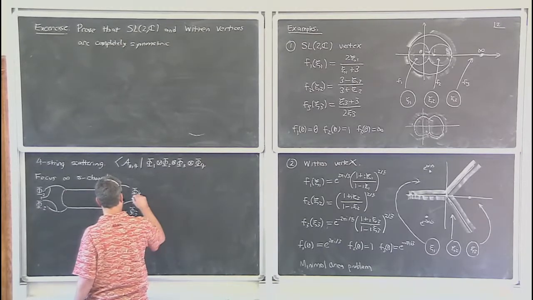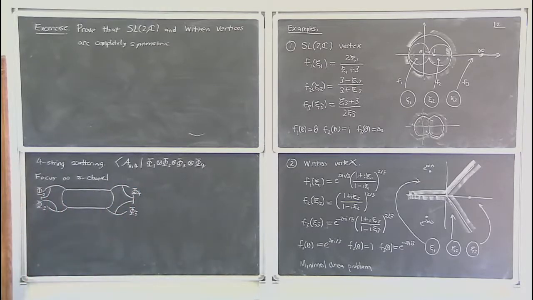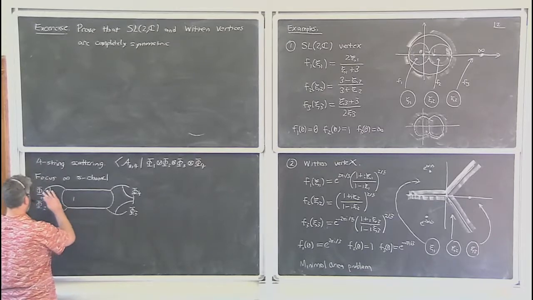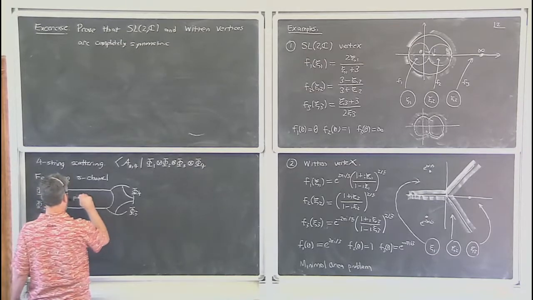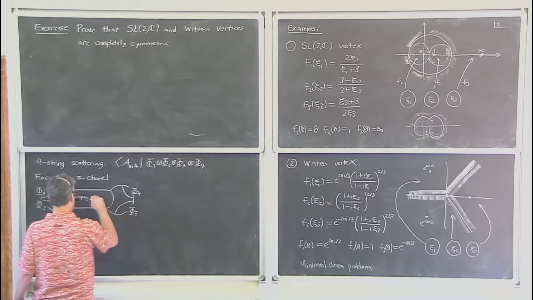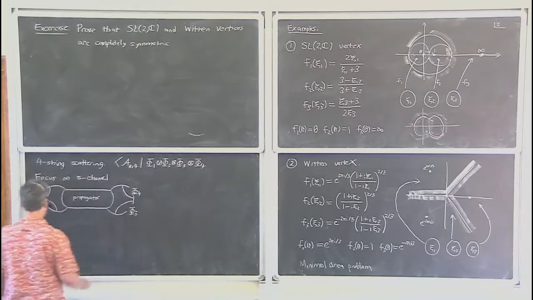These are the local coordinate patches. This is phi 1. This is our propagator tube.